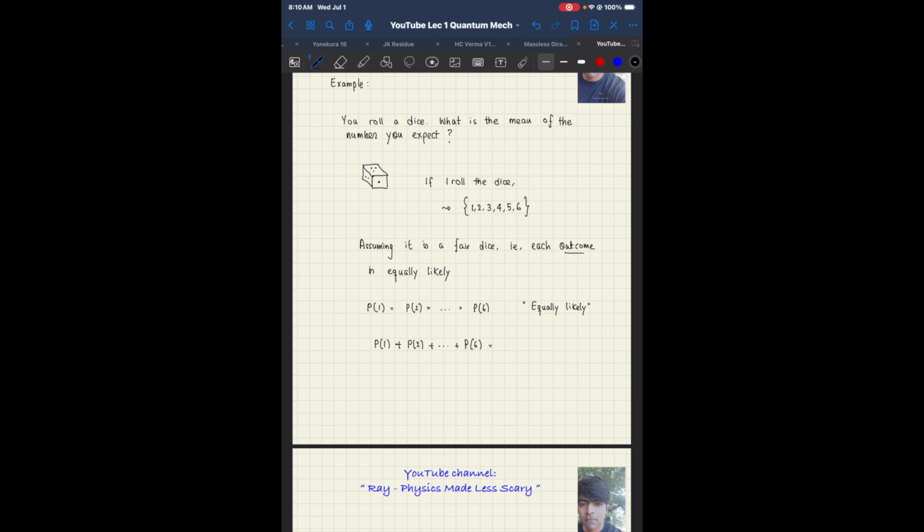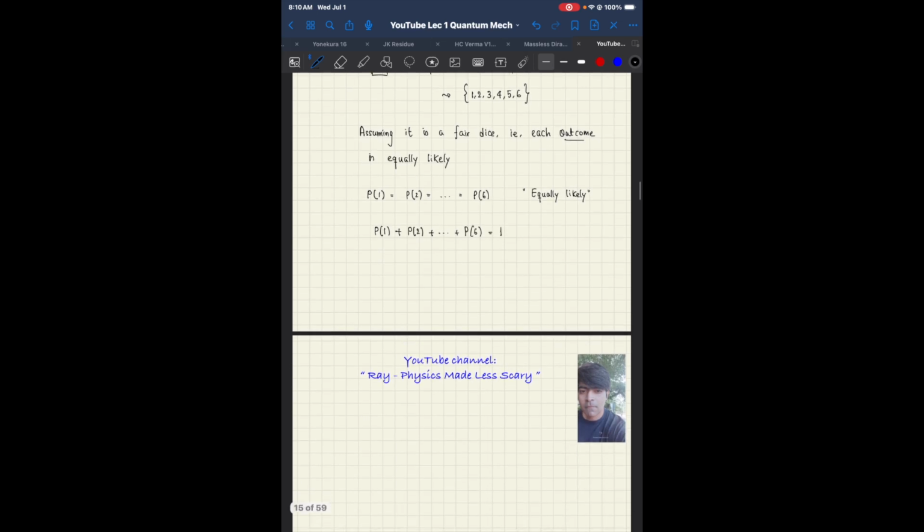You should get something. Which means, just to introduce a notation, pi is 1 by 6. All of them are equally probable to happen. So i runs from 1, 2, up to 6.